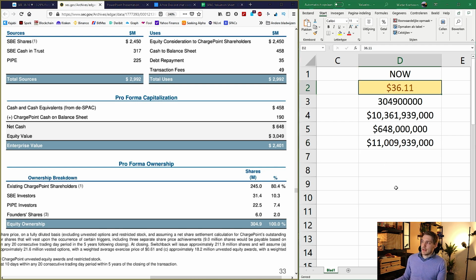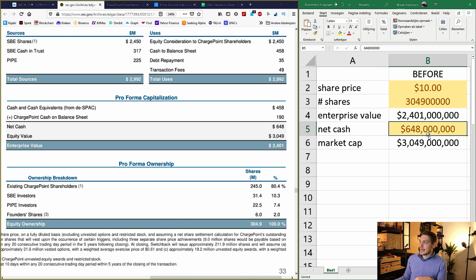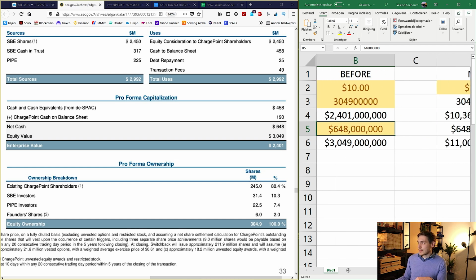But again, we said, okay, the price has now gone up from $10 to $36.11. So the equity value has gone up to $11 billion. But of course, the net amount of cash has not changed. That is going to remain the same, 648 million. And by the way, that is the number you're going to put in this yellow cell over here.